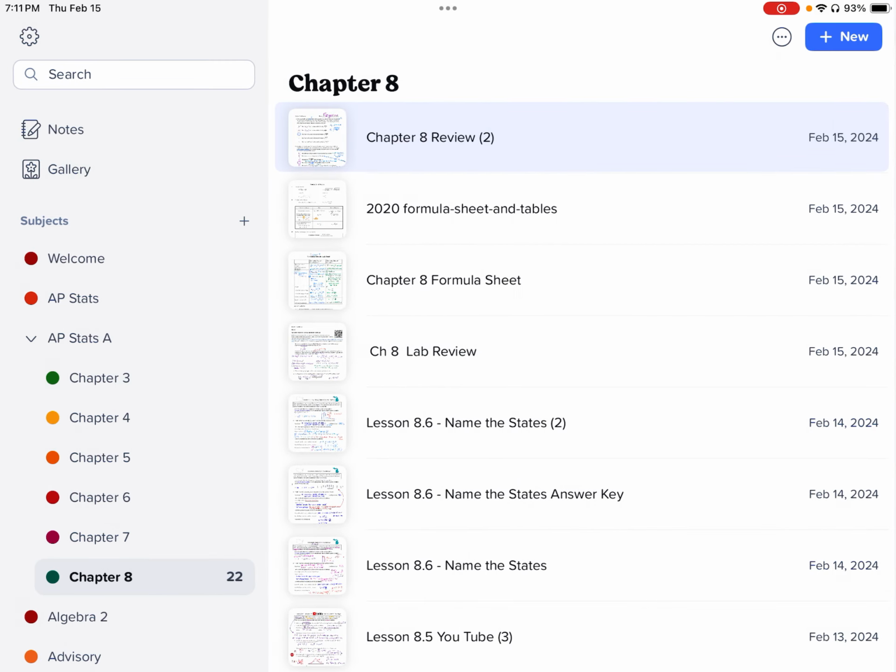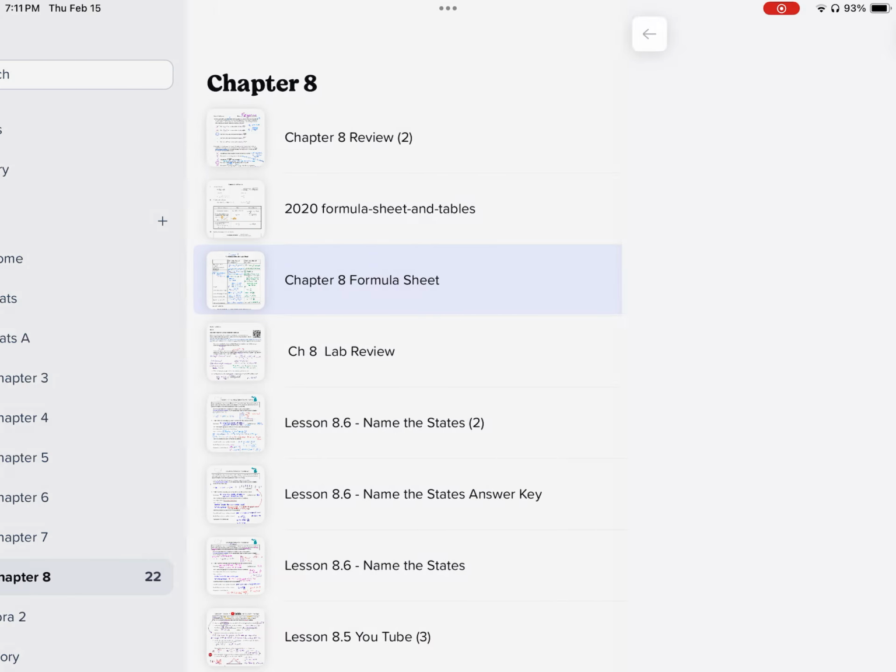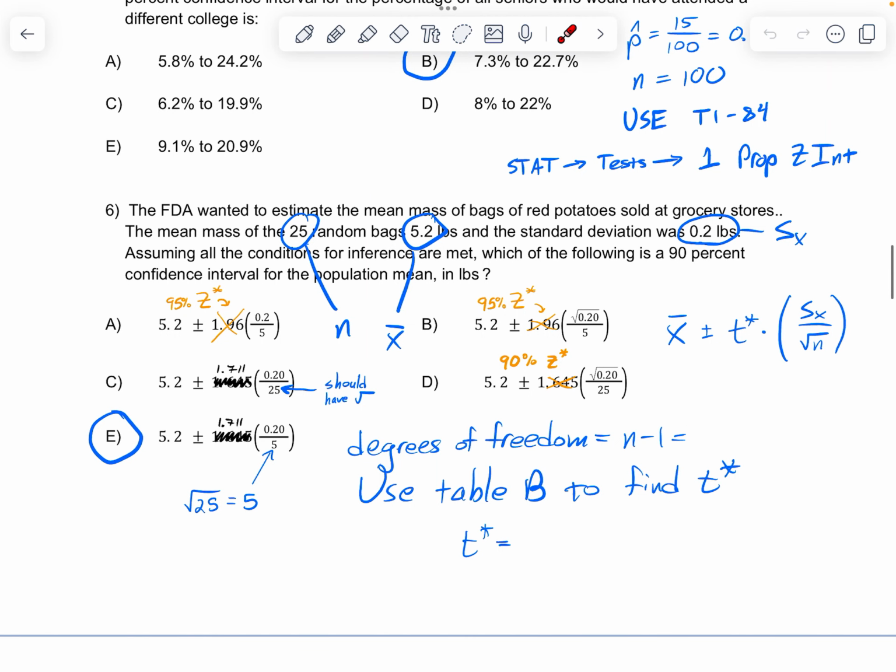Just to remind you on the cheat sheet, you have Z stars over here whenever you have a proportion, and you have a T star whenever you have sample means. All right, degrees of freedom is n minus 1. So in this case, the sample size was 25, so my degrees of freedom is 24.